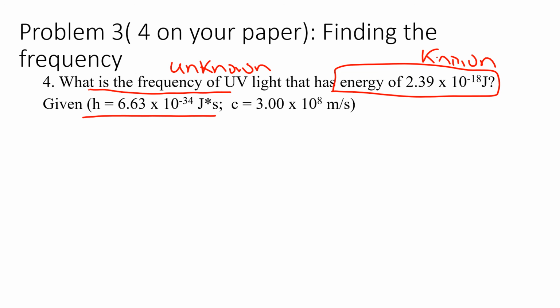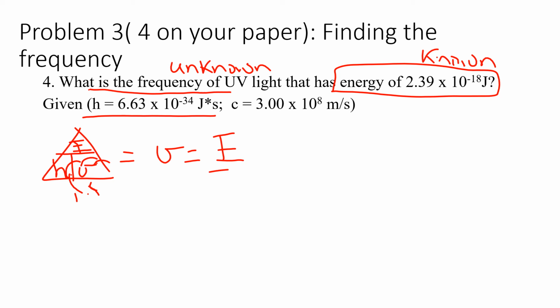So energy is equal to Planck's constant times the frequency. So in our triangle, we're now looking for frequency this time. Energy was up here, and Planck's constant is here. So we're going to put our hand over the V, and it tells us that our equation is now going to be frequency, energy, over Planck's constant.